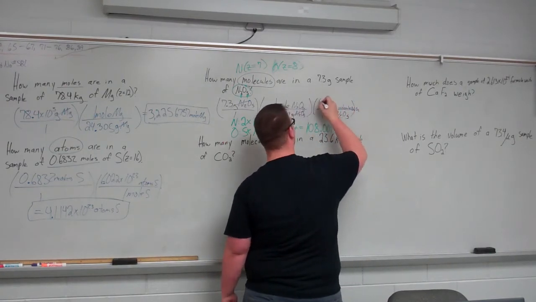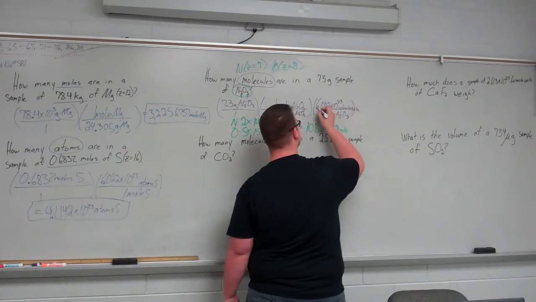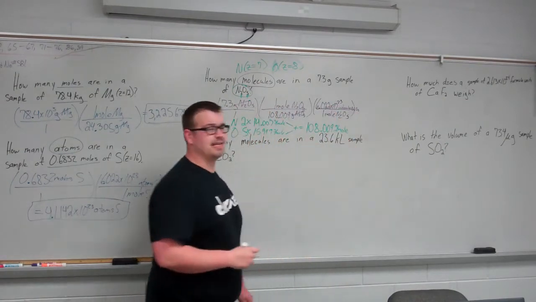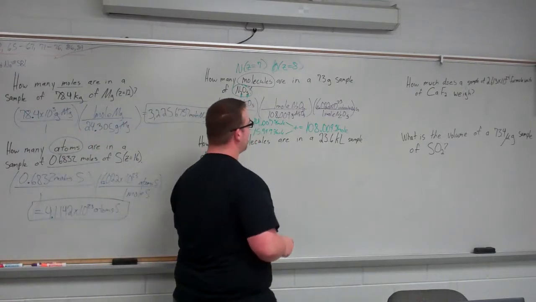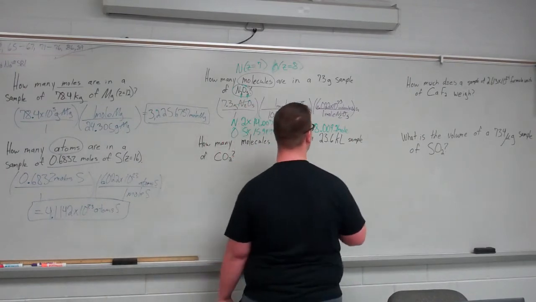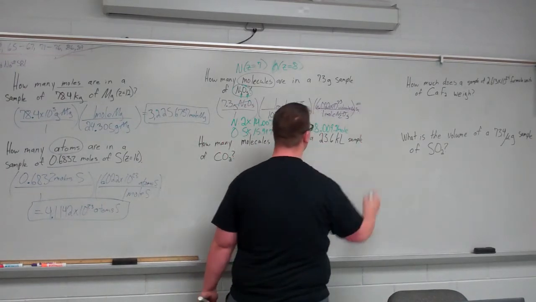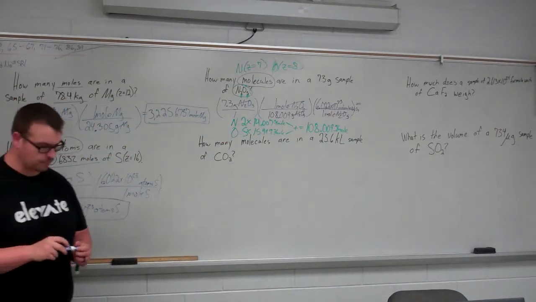And that number for here will be 6.022 times 10 to the 23rd. Hopefully you have this in your memory to know that that is Avogadro's number. Okay, so now the moles of dinitrogen pentoxide will cancel out, and this will be leaving me with molecules of dinitrogen pentoxide, which is what I'm looking for.